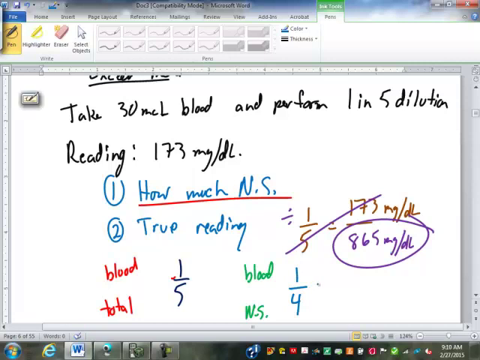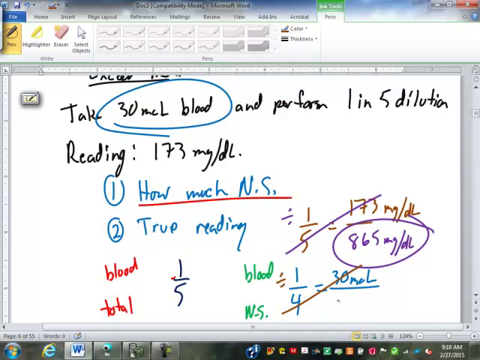So for every 1 part of blood, they needed 4 parts saline. So now we have the 30 microliters of blood, sorry, 30 microliters of blood goes with the 1 for the blood. We cross multiply and divide. That means there's 120 microliters of saline added to it.